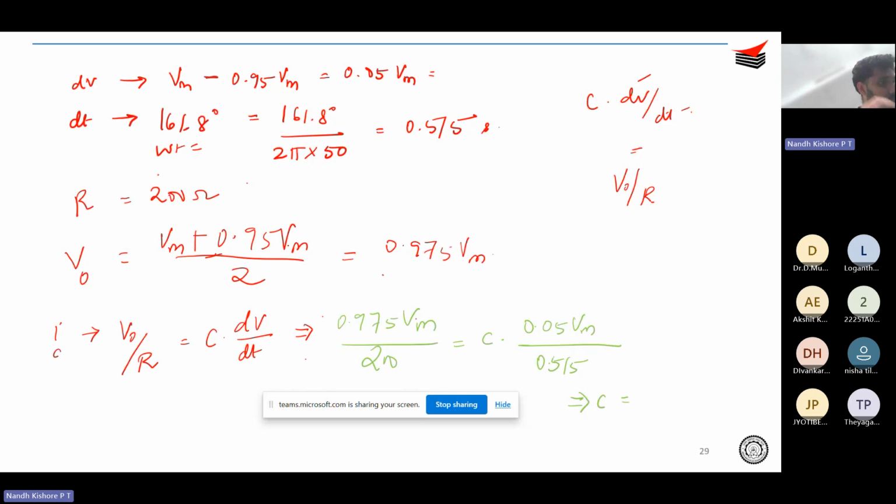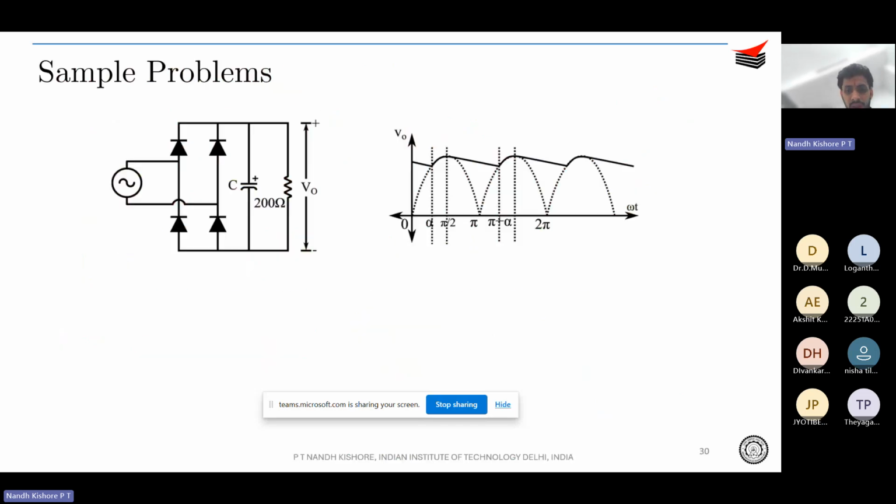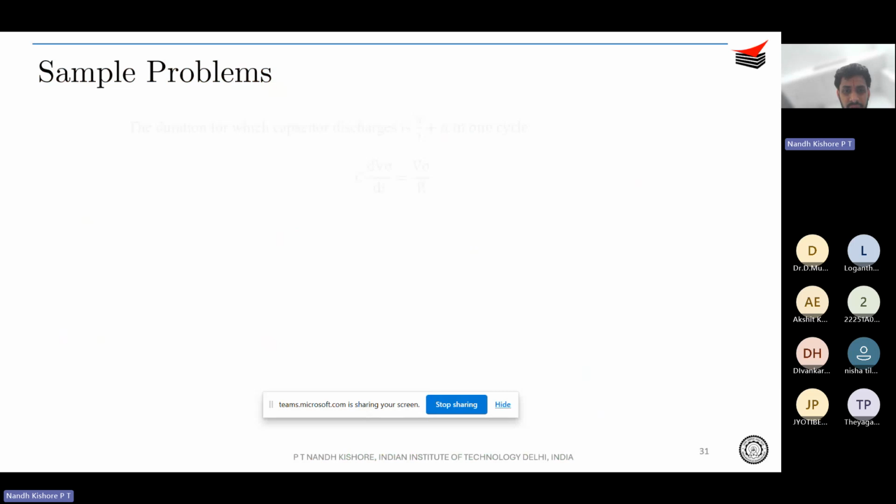It will be somewhere around 50.2, or 0.05, or 50.2 millifarad. Okay, I'll just check what these people are obtaining.